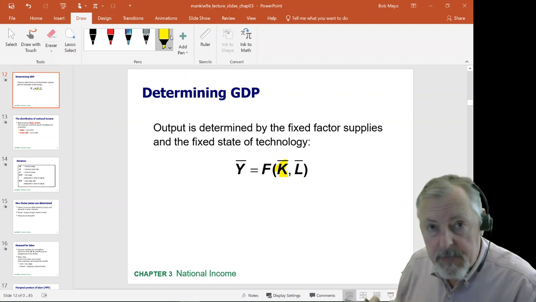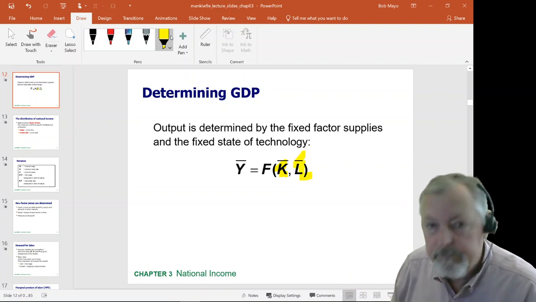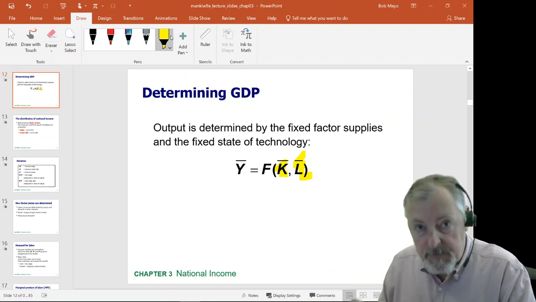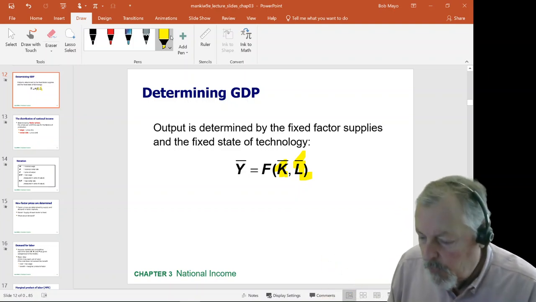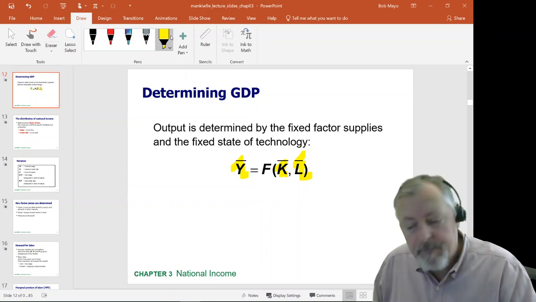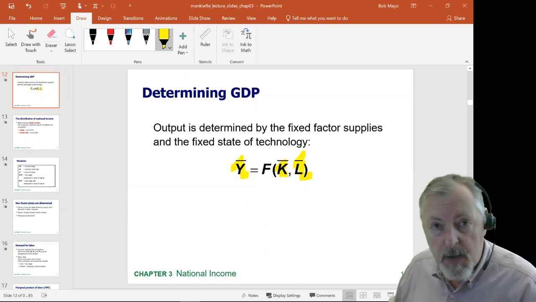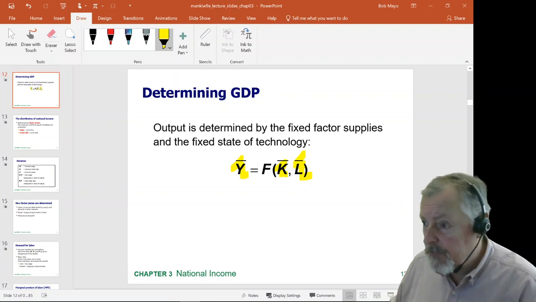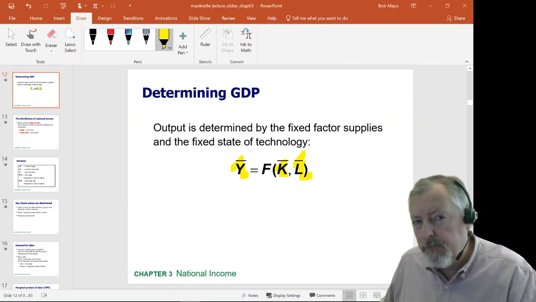It's just a given, and it doesn't change. Labor, same thing. Well, if all of the inputs are fixed, then the output has to be fixed. There is no economic growth in this model. It's completely static. Also, notice we're not specifying the functional form.